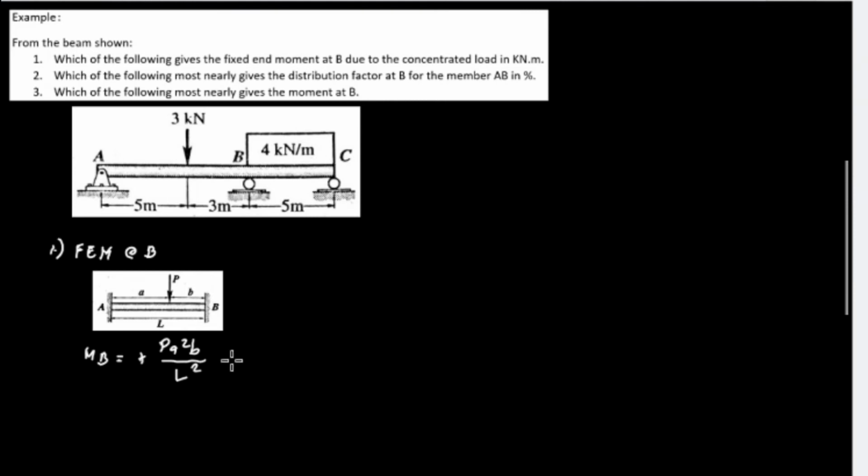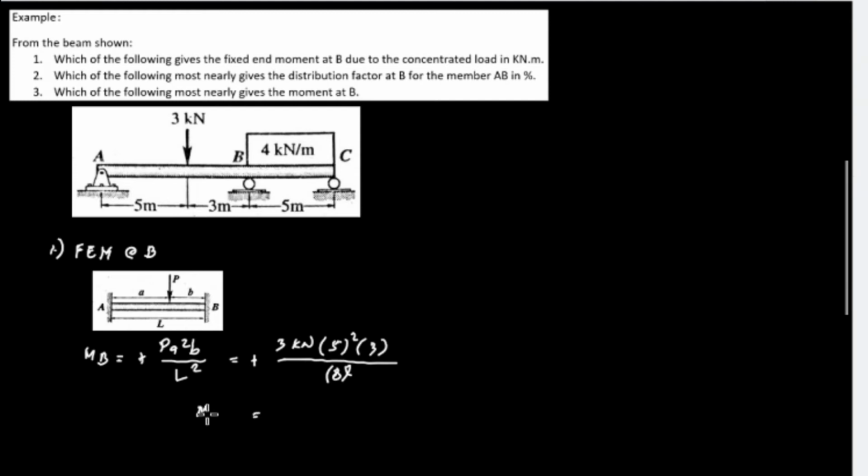Then we substitute the values: P, which is 3 kilonewton, multiplied by A squared, which is 5 squared, multiplied by B, which is 3, and divided by L squared, which is 8 meters squared.